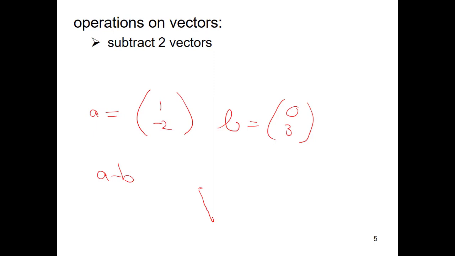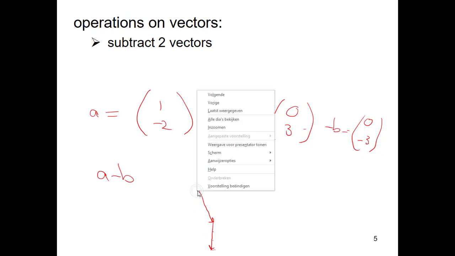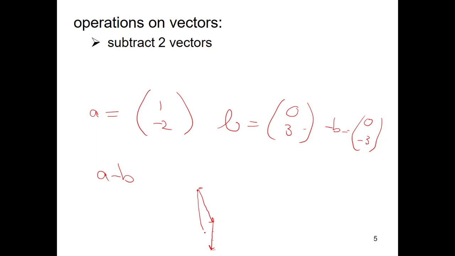So this is the vector A. We subtract 0, 3, so that means that we have, in fact, an adding of vector minus B. So that would be 0, minus 3, and that means we don't go up, but we go down 3 spots. So this is vector minus B. Okay, so the total result would be from the starting point to the end point. So this one would be A minus B.